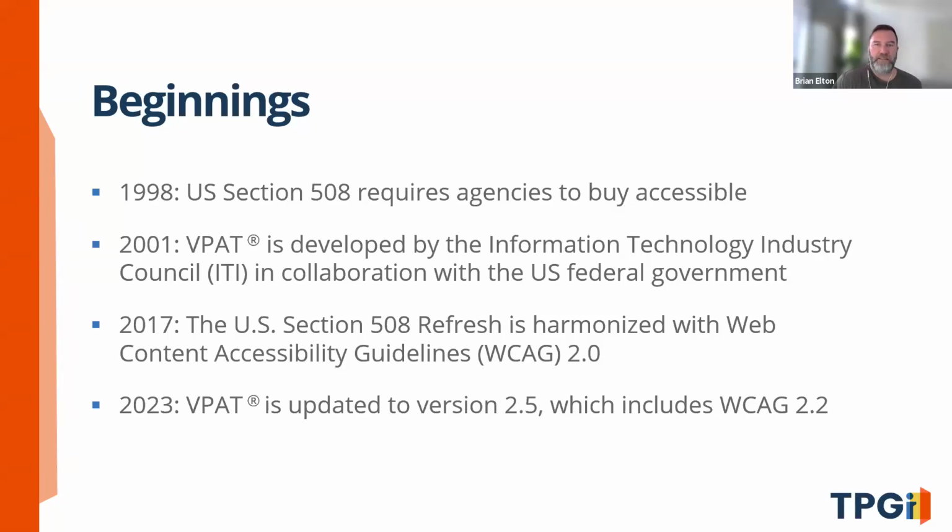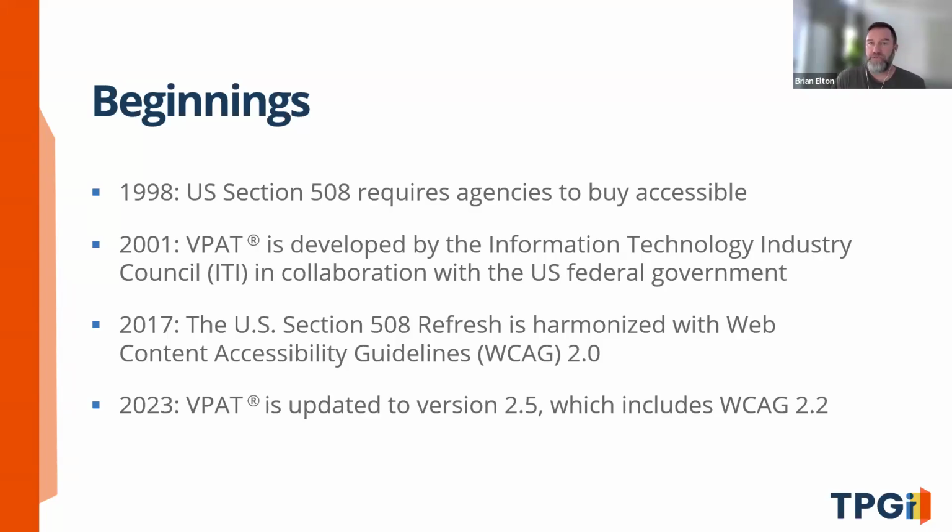So in 1998, with the US Section 508, which I mentioned, Section 508 is a part of the Rehabilitation Act of 1973, having to do with digital products in a federal government context.